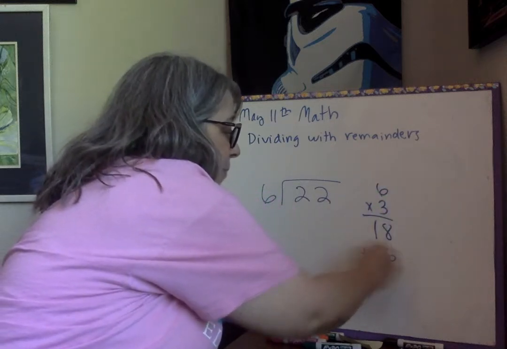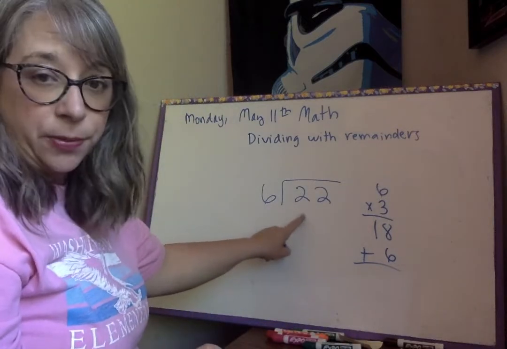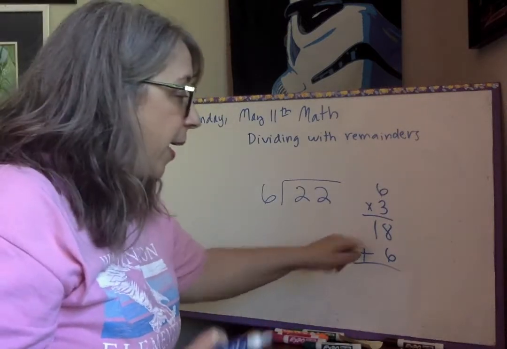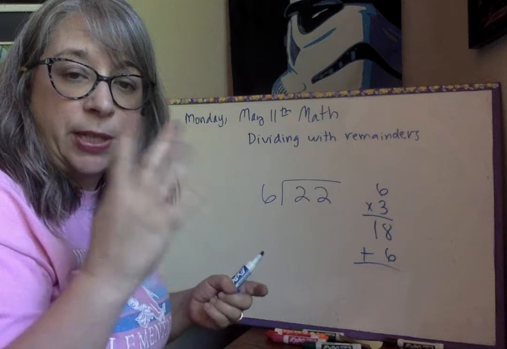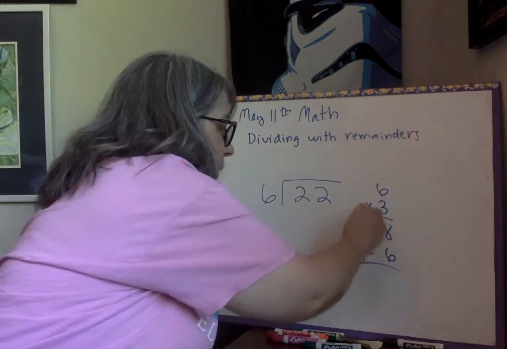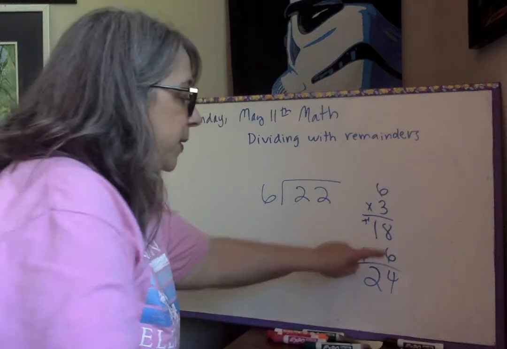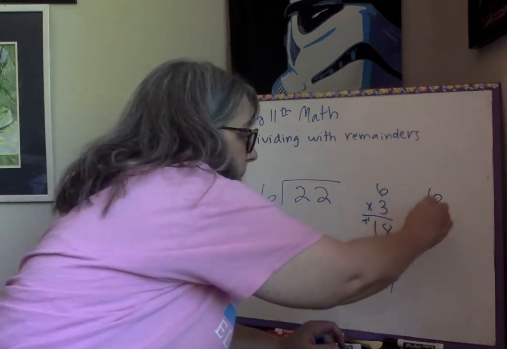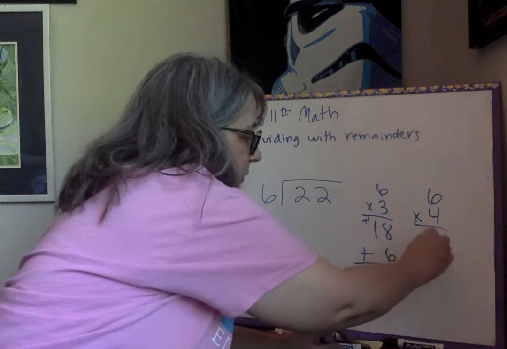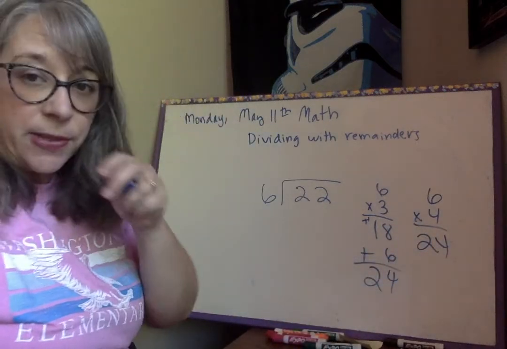If we did 6 more, are we going to go over 22? Probably so. So 6 times 4 is 24. 24 is too much. We can't use it.